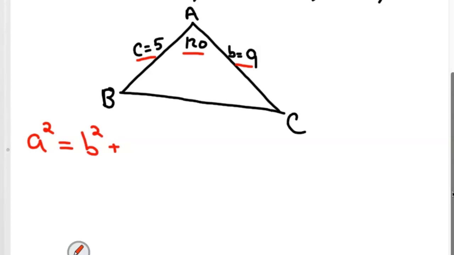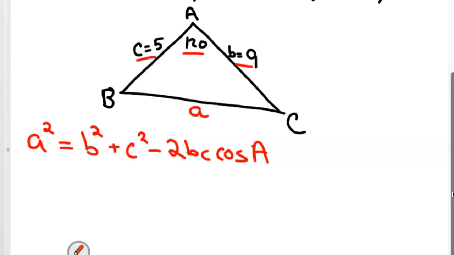So here's your law of cosine. A squared equals b squared plus c squared minus 2bc cosine of your angle A. And you can rearrange it, so that's the side, angle, side we've got right now. This would be angle A. We're going to solve for that side length.